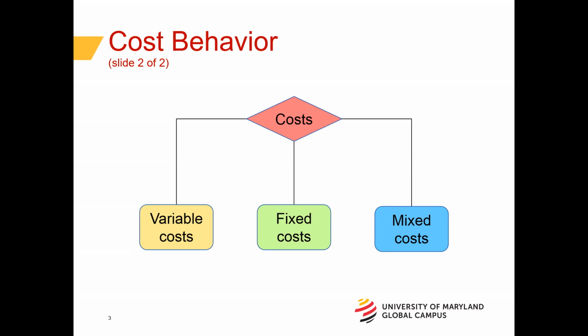Here's a good example: rent in a shopping mall for a retailer. That is a mixed cost. Example would be like Macy's in a shopping mall. Their rent is considered to be a mixed cost, and here's why.